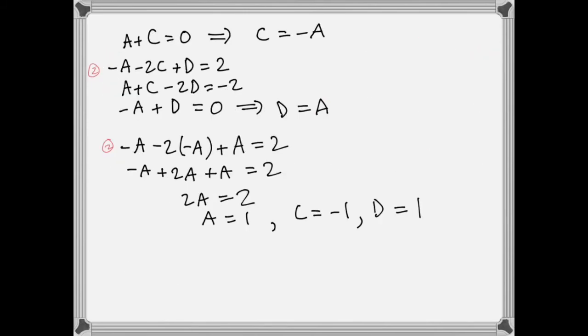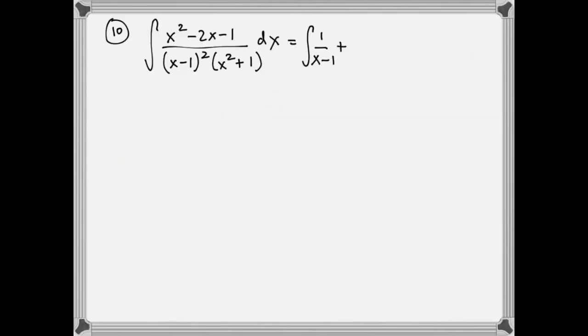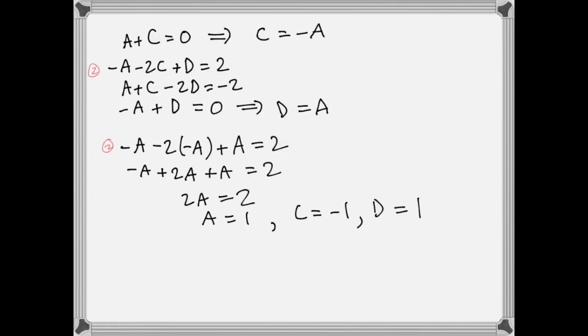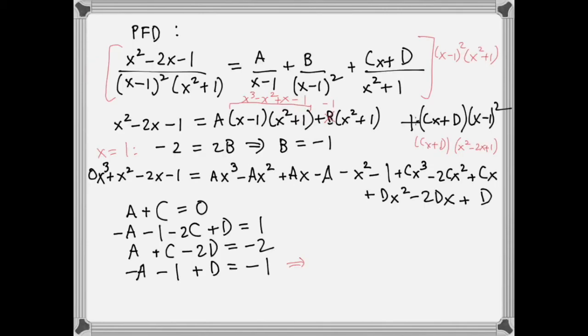B is negative 1. Let me write it this way. I have a minus, right? Minus 1 over x minus 1 squared. And then Cx plus D, right? So that's negative 1x plus 1.